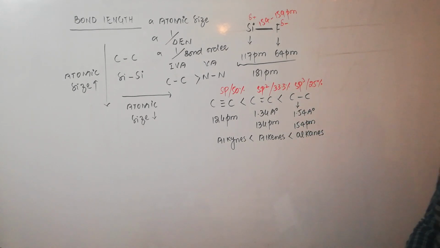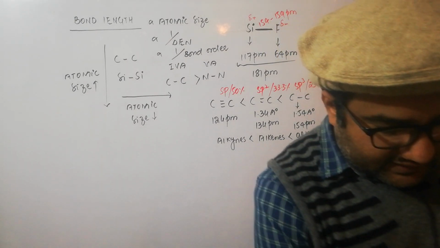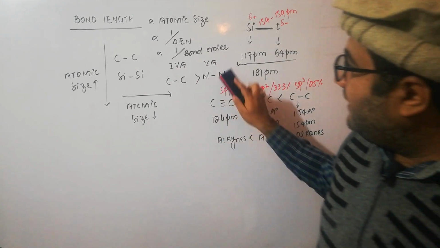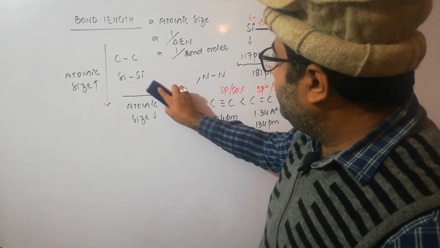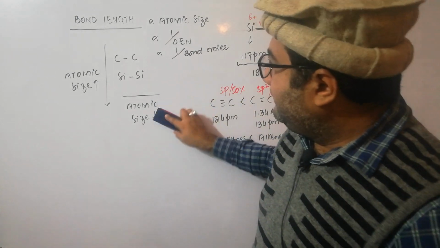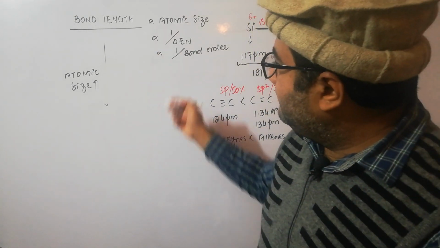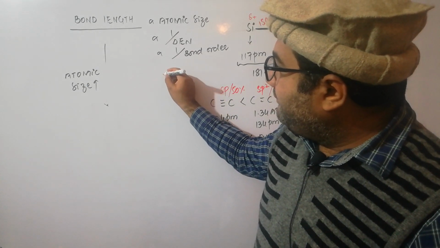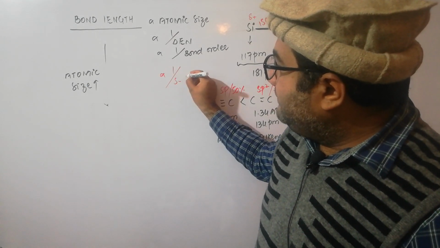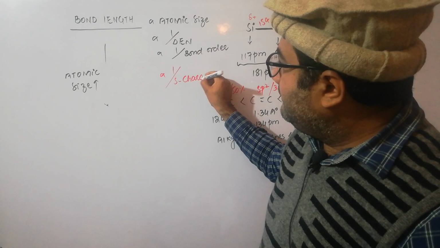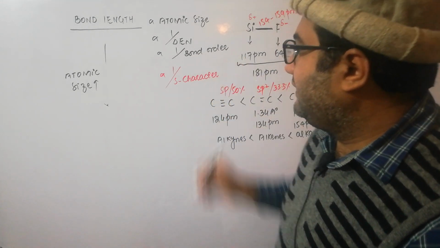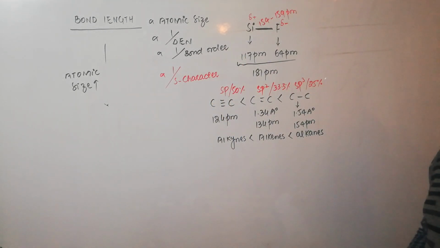So now we can also say that the bond length is inversely proportional to the S character. This one is another factor which is affecting the bond length.